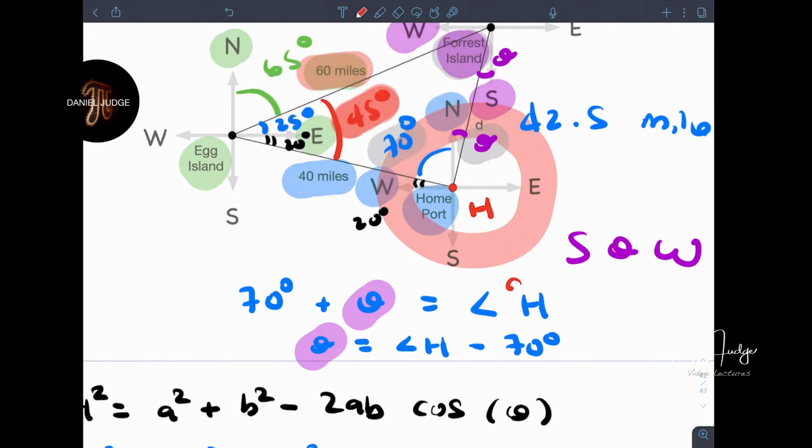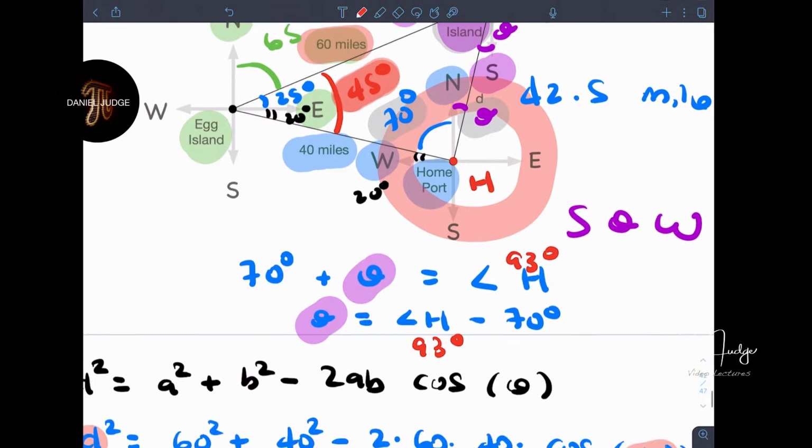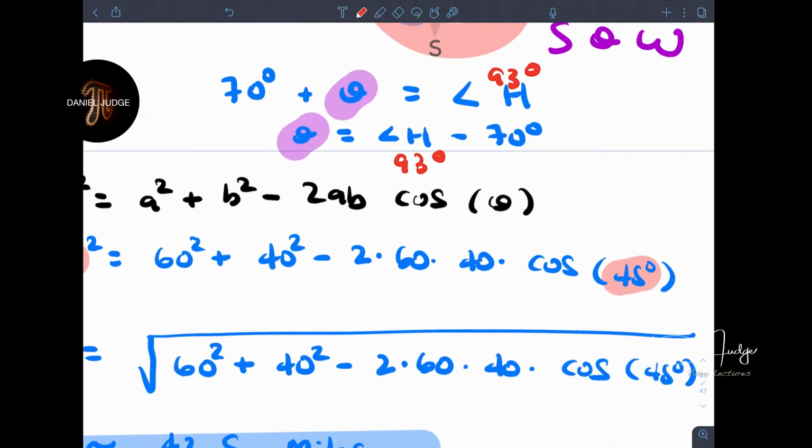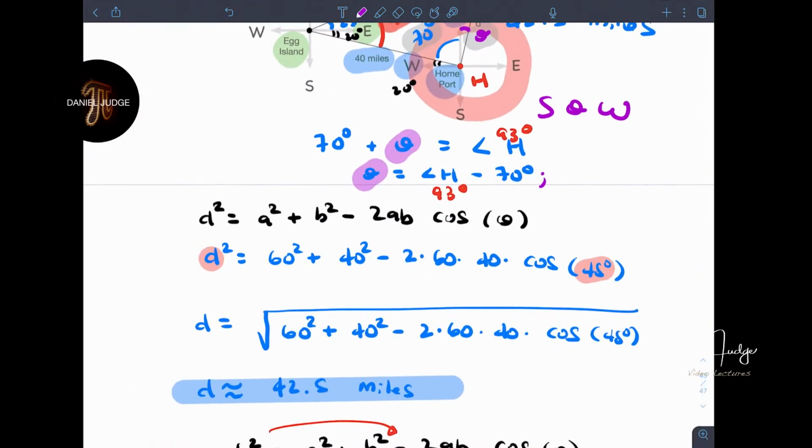This makes sense because 93 degrees minus 70 degrees simply means that angle theta will be 23 degrees, ladies and gentlemen.